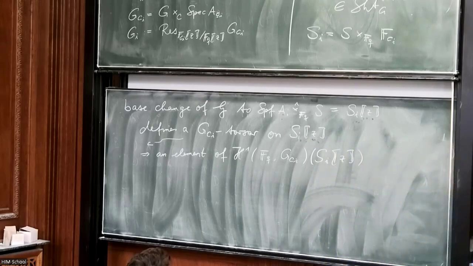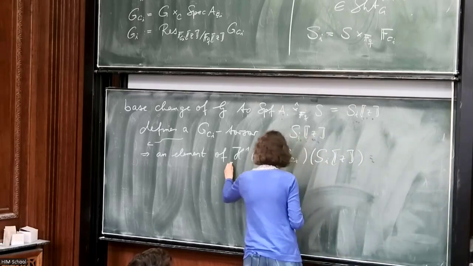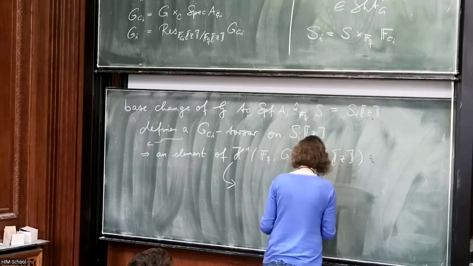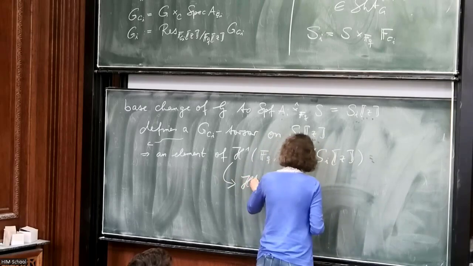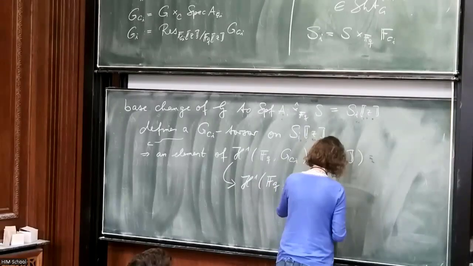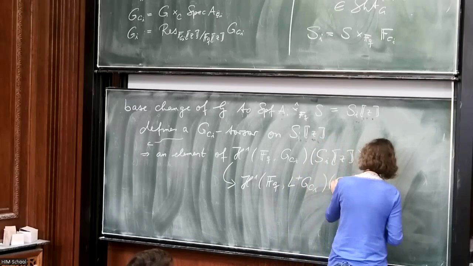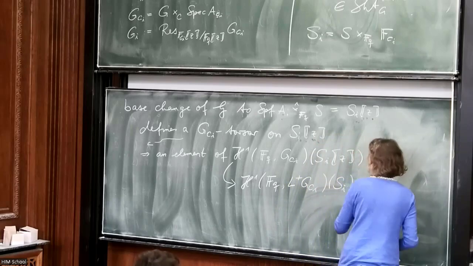And then we have to use a natural bijection or even equivalence of categories between this set here, or the category of these torsors, and what I said, the L plus G CI torsors on SI.